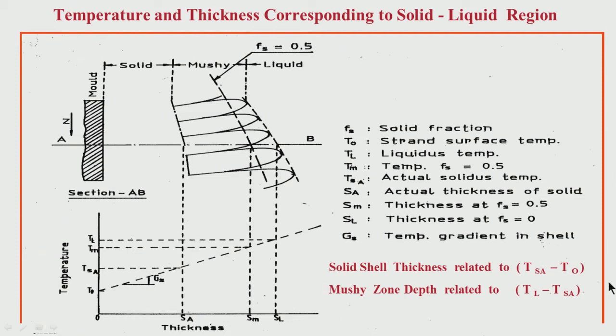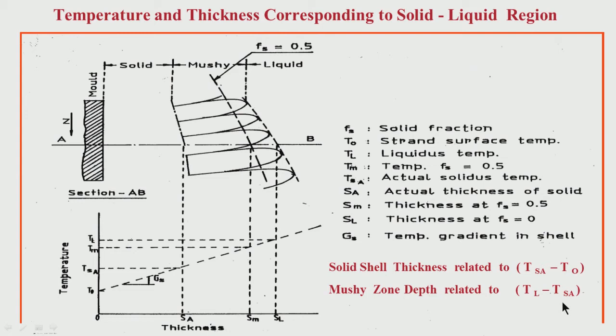So, the mushy zone depth will increase, and the solid shell thickness, this is coming down, because T0 is constant, TSA is coming down means it is becoming near and almost near to T0, that means this difference is also coming down. This difference is increasing, TL minus TSA is increasing.